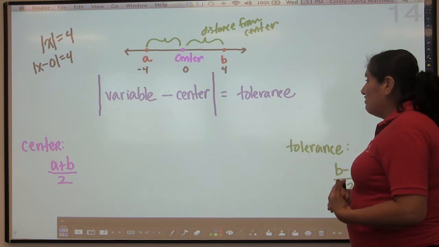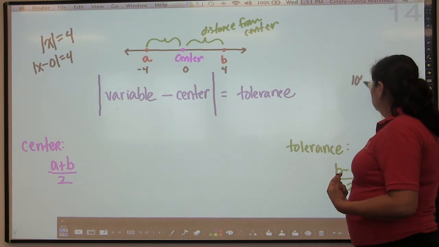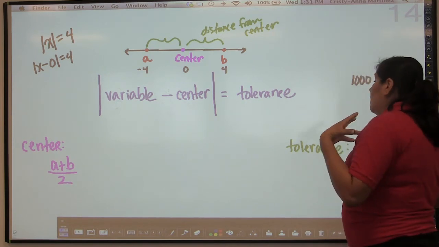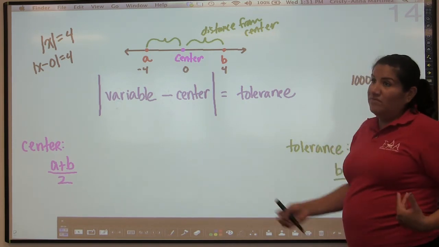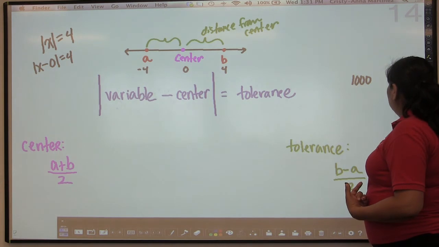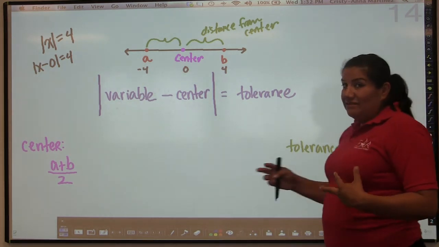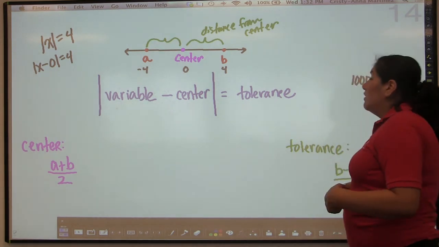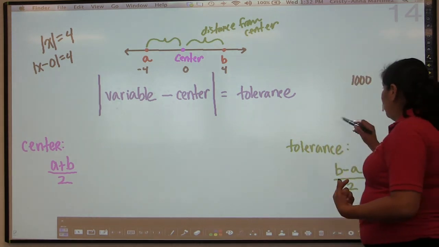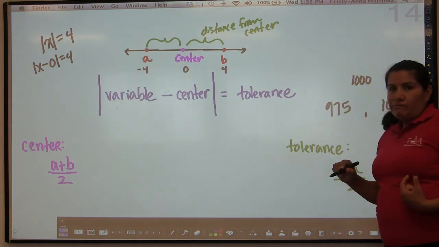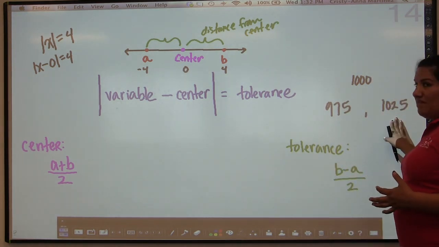So I want to make $1,000, but I'm okay if I make $25 above the 1,000. So it's okay for me to make 1,025. I said give or take 25 bucks, so also I'm okay if I make 975 bucks. So my maximum is I want to make 1,025.